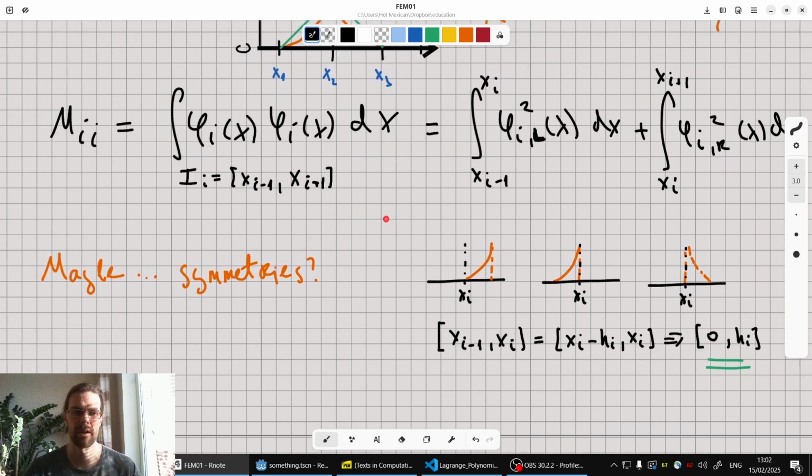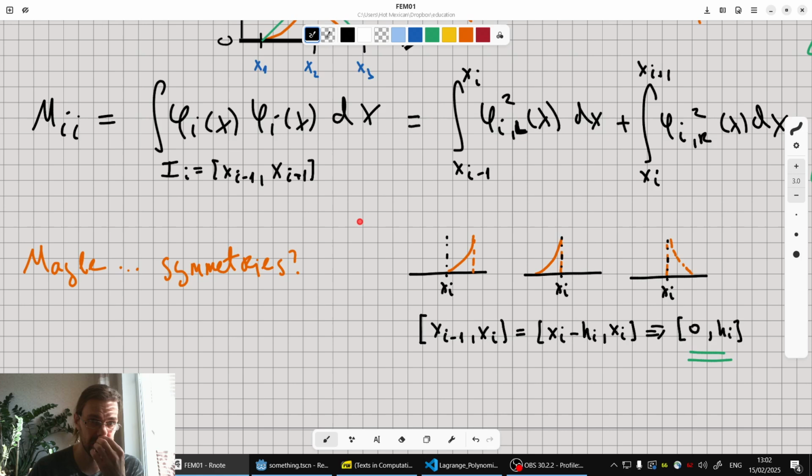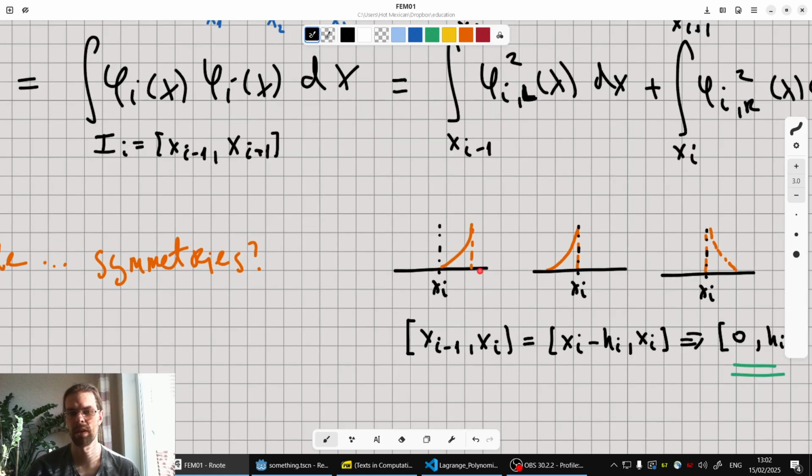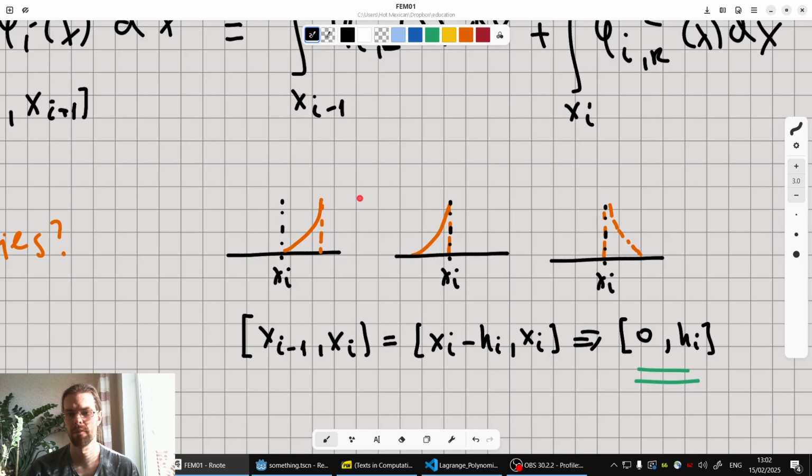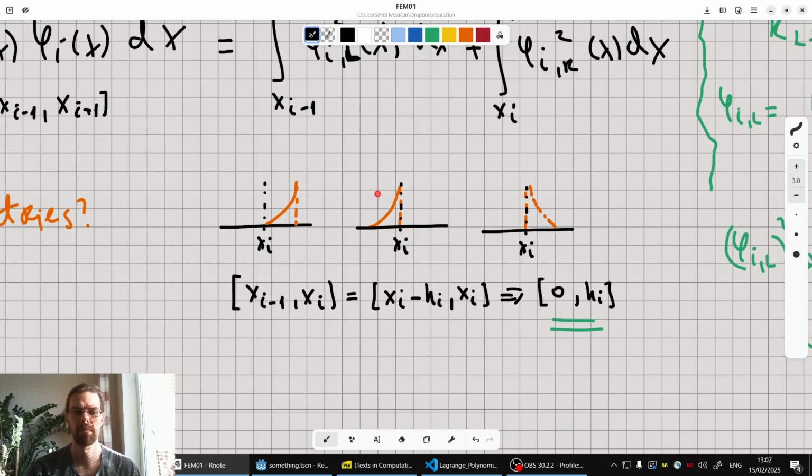Maybe we can exploit some symmetries, because these are areas. So, okay, let's say maybe we can translate it. This is kind of useful, by the way. Especially if some functions are 0 at endpoints or something.